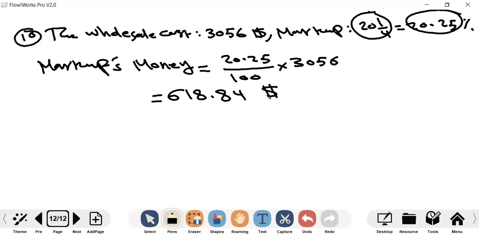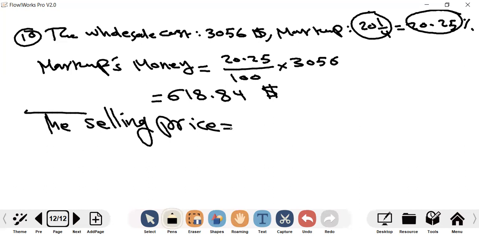Now let's find the selling price. Price equals the original cost, 3056, plus the markup money, 618.84.